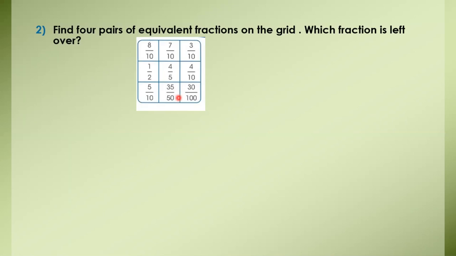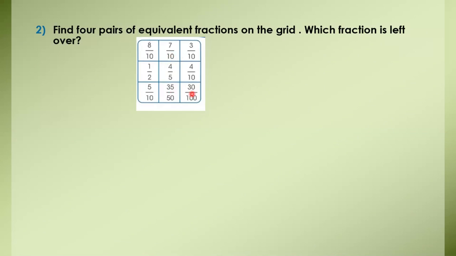Yes, in 5's table. In 5's table, how many times do you get 35? 7 5's are 35. And how many times 50 in 5's table? 10 times. So 35 by 50 can be simplified as 7 5's and 10 5's, so 7 by 10. That is, 35 by 50 is equivalent to 7 by 10.